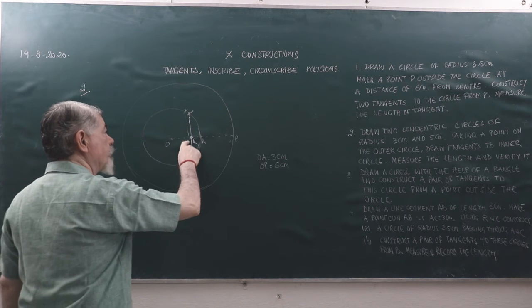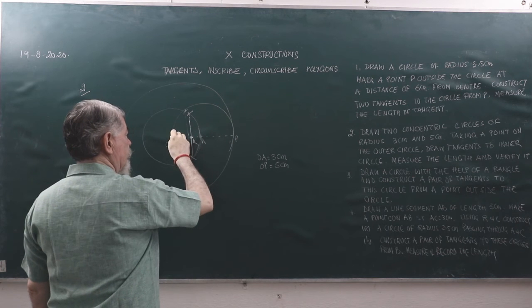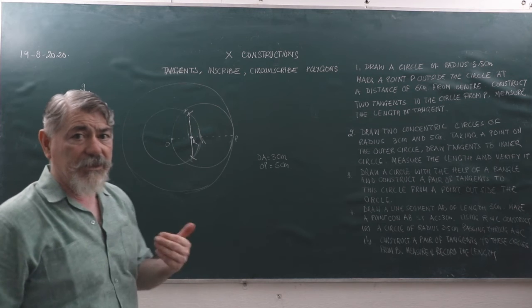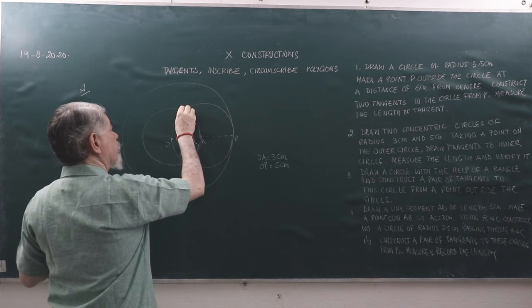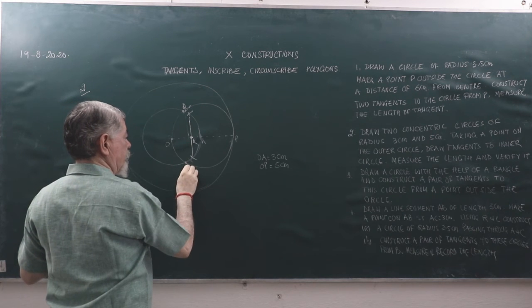Take K as center, open up your compass till O and draw a circle. Obviously that circle will be like this. Now this circle will cut the inner circle at 2 points. One point is Q and one point is R.